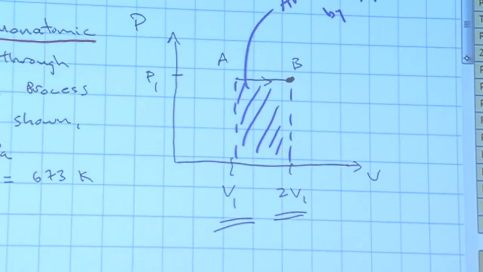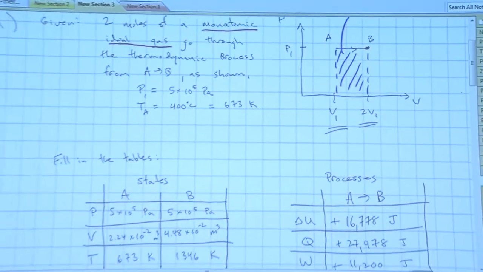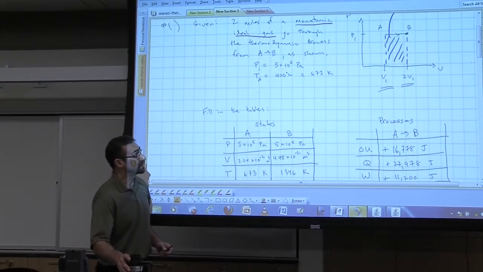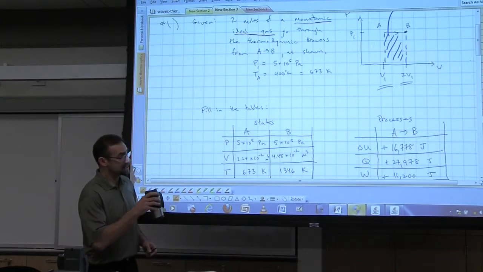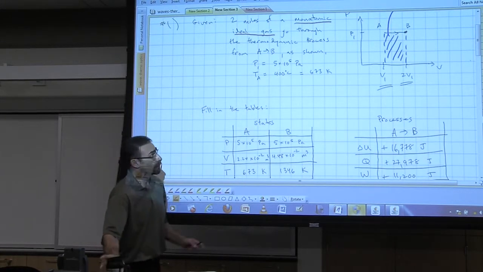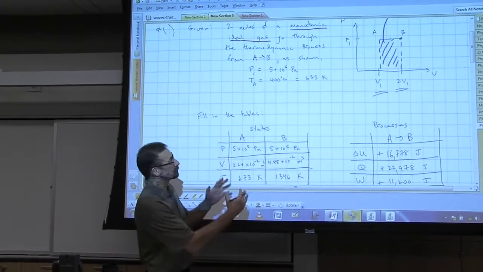So let's think about that for a second. Let's see if those numbers make sense. Maybe we forgot a minus sign somewhere. We want to make sure that everything makes sense. Our gas expanded from A to B at constant pressure.